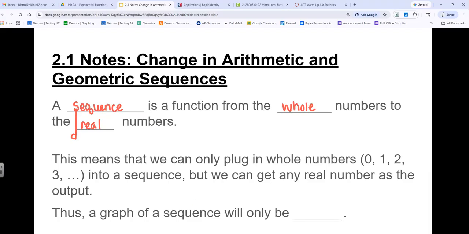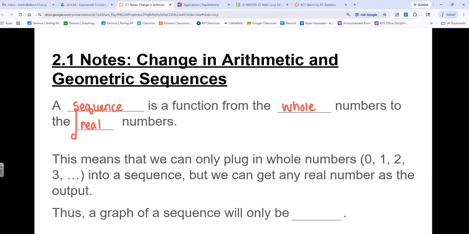Okay, this means that we can only plug whole numbers, 0, 1, 2, 3, etc., into a sequence. But we can get any real number out as the output. So whenever we do functions, we don't limit what can be plugged in. For functions, we can plug in 1.2. We can plug in 3.7. We can plug in the square root of 22, right? For sequences, only whole numbers can be plugged into the sequence.